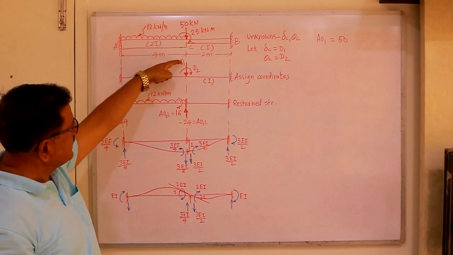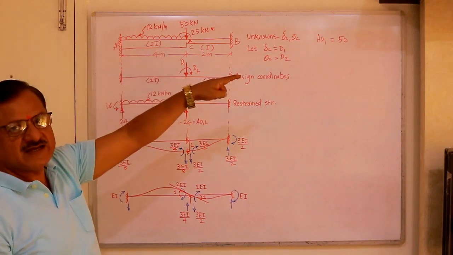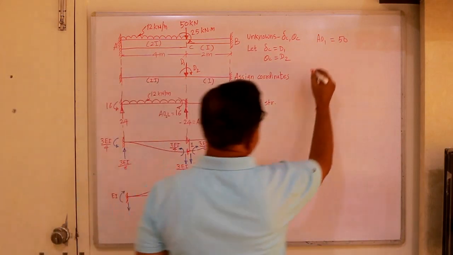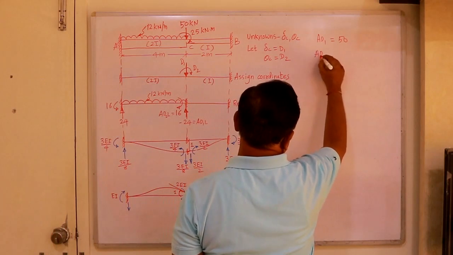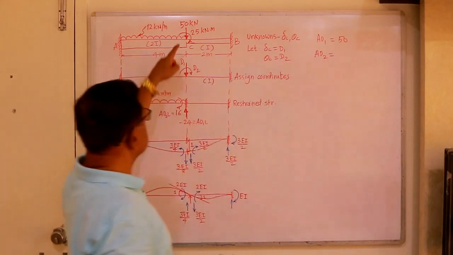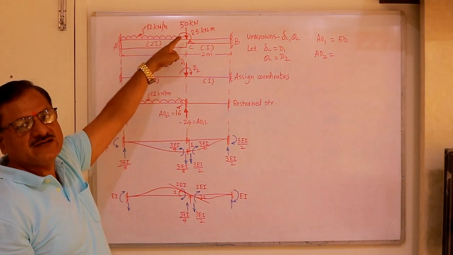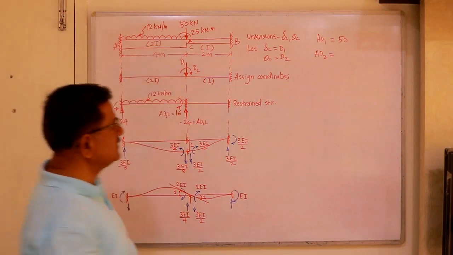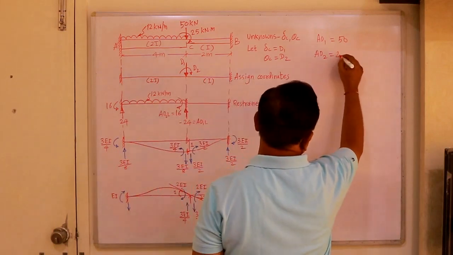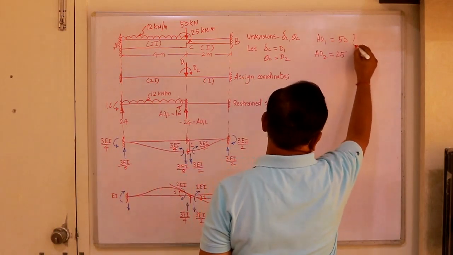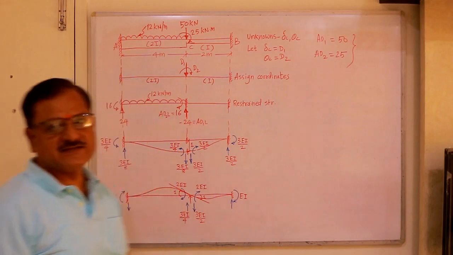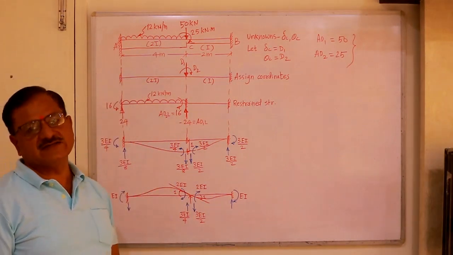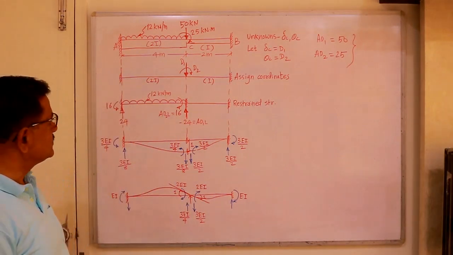So 50 kilonewton acts in the same direction as D1, therefore positive. Then AD2, in the direction of D2, we have a bending moment of 25 kilonewton meter. D2 is clockwise, and the moment is also clockwise. So AD2 is 25.